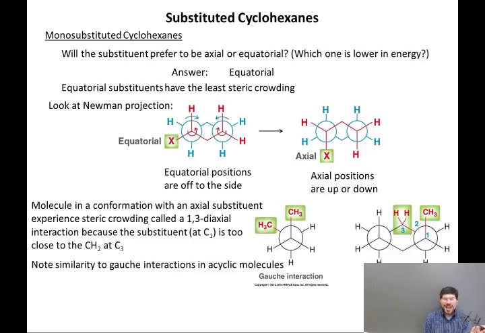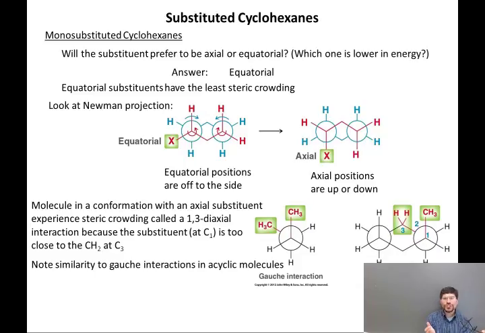The type of steric crowding involved when we have an axial substituent has a special name. It is called a 1,3-diaxial interaction, because as we said, the substituent at C1 is too close to the CH2 or the hydrogen at carbon 3. And when we look at the Newman projection of a 1,3-diaxial interaction, you can see that this interaction is similar to a gauche interaction in an acyclic molecule.